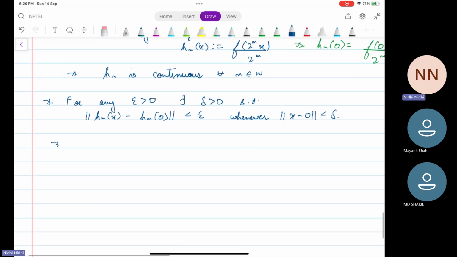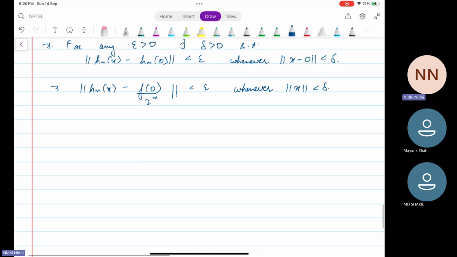This implies h_n(x) minus f(0) upon 2 to the power n is less than epsilon whenever mod x is less than delta.